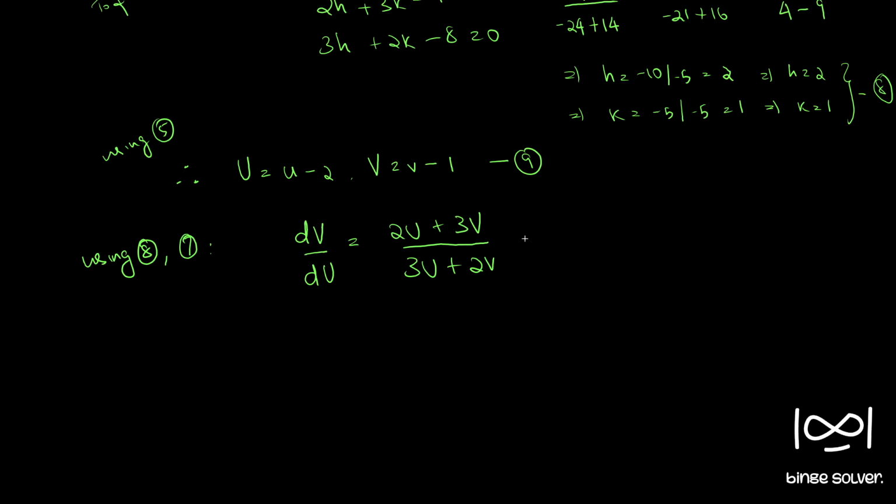Now this is a homogeneous equation, as dv by du is a function of v by u. If you divide numerator and denominator by u, you can see dv by du is a function of v by u. It's a homogeneous equation. So in such questions, we apply a substitution where v equals, let's say, another variable.